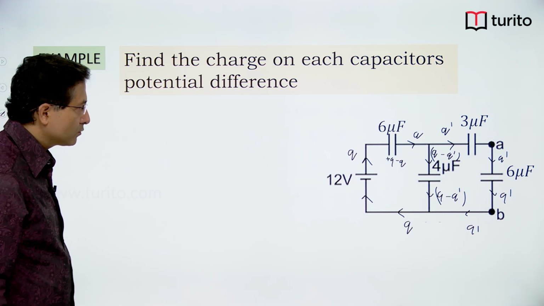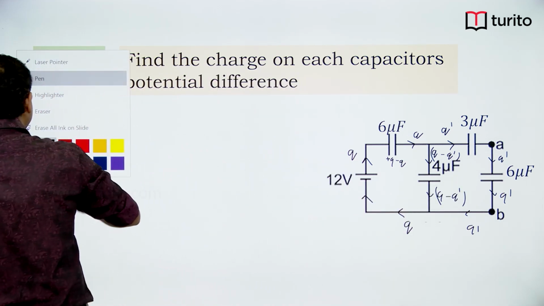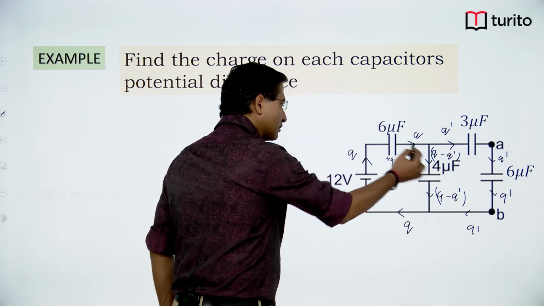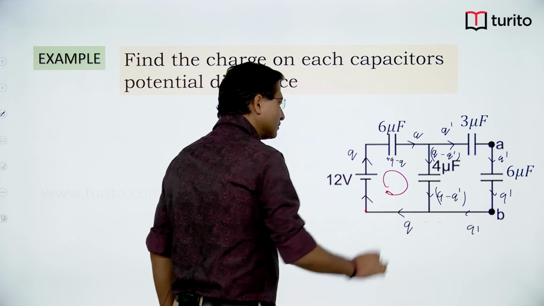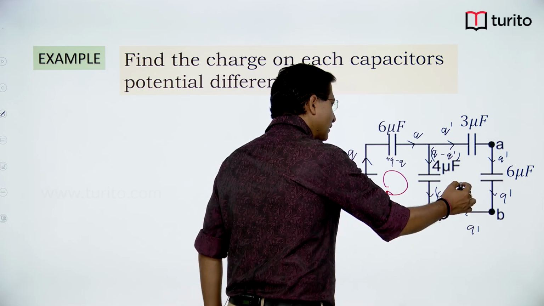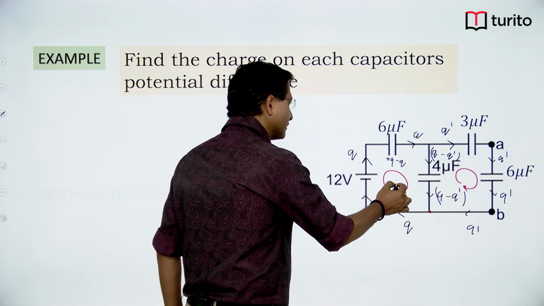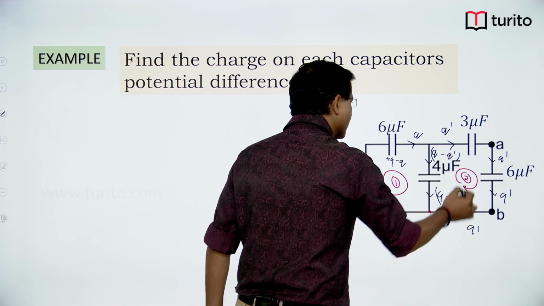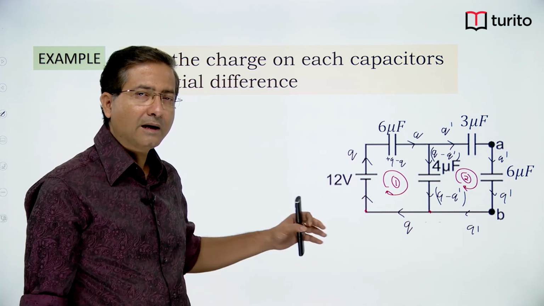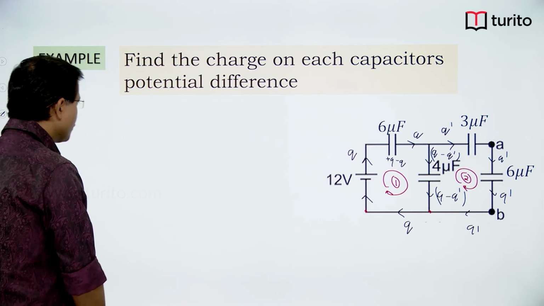Now, I will select say this loop and this loop. I am starting from this point for this loop and I need to get back to this point. Similarly, here I will start from this point, following the loop I will come back to the same point. So, this is loop number 1, this is loop number 2. As I already told you, you are free to make any 2 equations by any 2 loops of your choice.